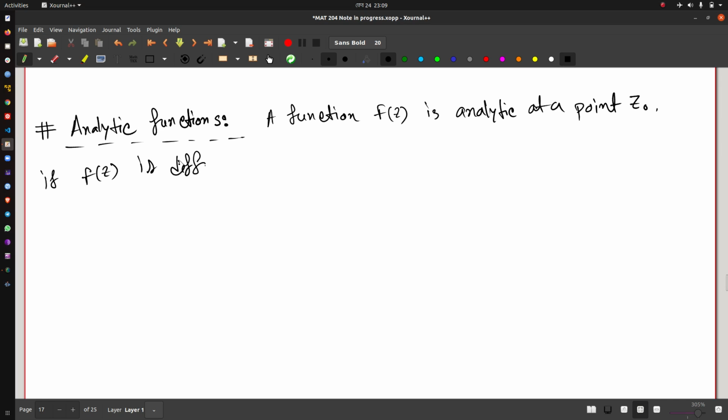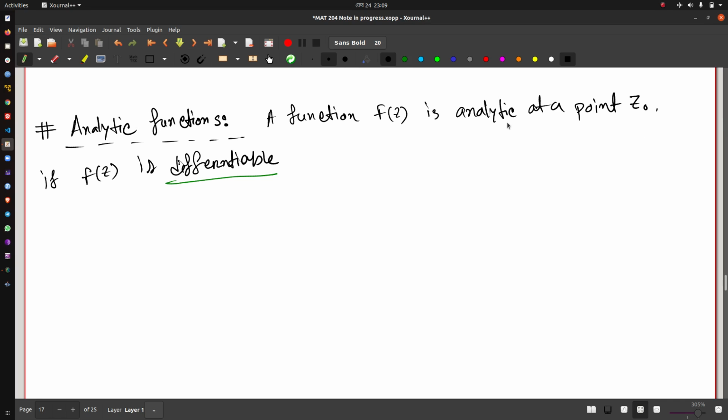Notice this word, differentiable. So when is a function f of z differentiable? When it satisfies the Cauchy-Riemann equation at a certain point z. So that's why we discussed Cauchy-Riemann equations earlier.